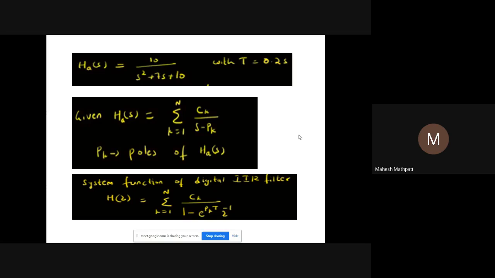Find the poles or roots of the denominator function. क्या वैल्यूज आए आपके?